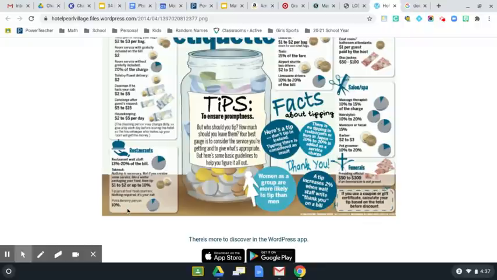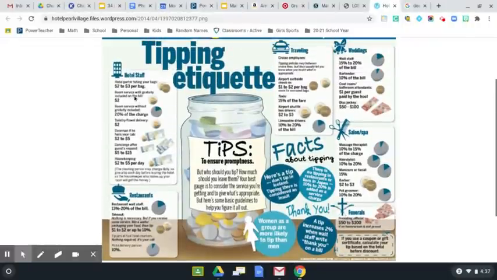Or pizza delivery, or anybody that delivers food to your home, could absolutely get tipped. And these also just give you an idea of how much you should tip, and we'll talk about that in the lesson as we do examples of tips. Traveling on a cruise, if you're at the airport, again, checking in bags. A taxi, you could tip.